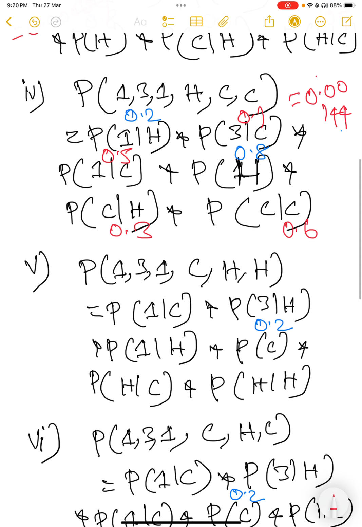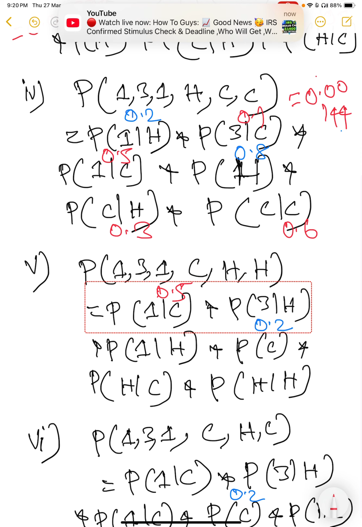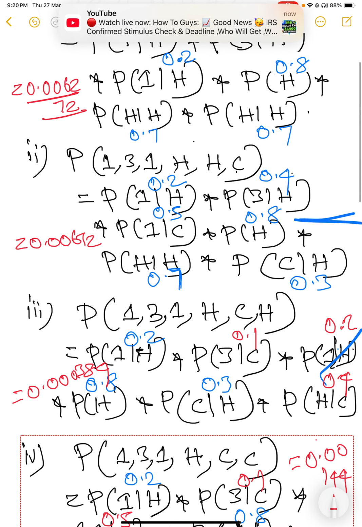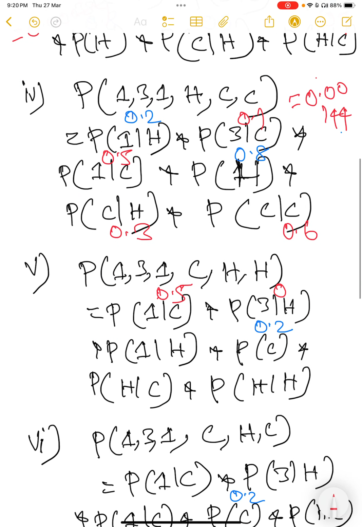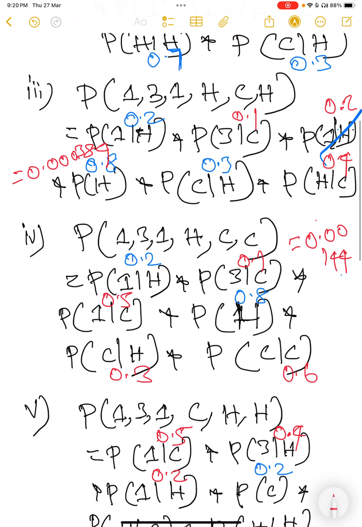Next we go for CHH. What is CHH? 1 given C is 0.5, and 3 given H we've already done, right? It's 0.4. And 1 given H is 0.2, C is 0.2, and H given C we got as 0.4.